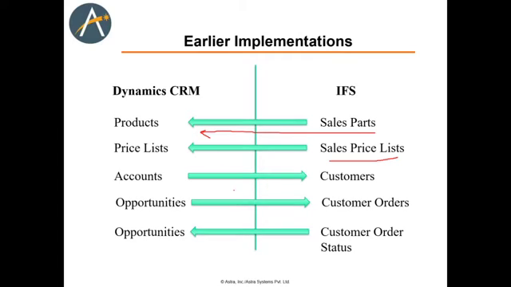Once we have these sale products and price lists, you could now think of sending, when an opportunity is won, you could create an order in IFS. That's what they wanted us to do. So we can create a customer account. An account is transferred as a customer, and an opportunity which is won is transferred as a customer order in IFS.